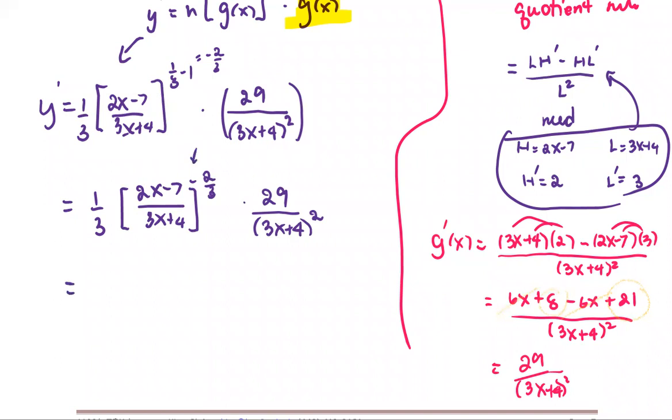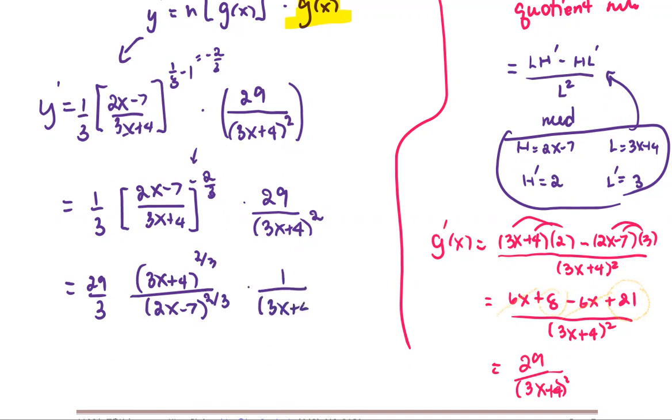Also, the coefficient 1 over 3 and the number 29 can be put together as 29 over 3. With the negative power, we can write the reciprocal. So it can be 3x plus 4 to the power 2 over 3 divided by the quantity 2x minus 7 to the power 2 over 3, and then multiplied by 1 over the quantity 3x plus 4 to the power 2.